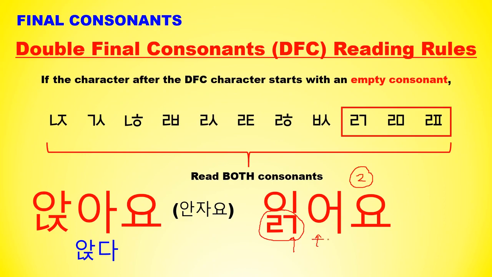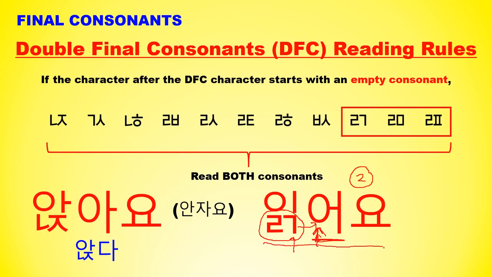However, the character after that actually starts with an empty consonant. So straight away, forget about the first two rules that I've learned about double final consonants and read both consonants. You can bring this final consonant over to take up the space of the empty consonant in the character after. So how would you read this phrase over here?